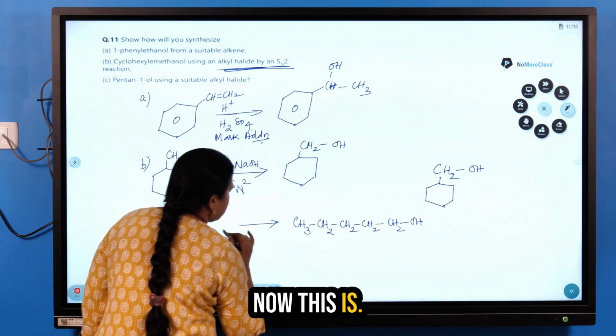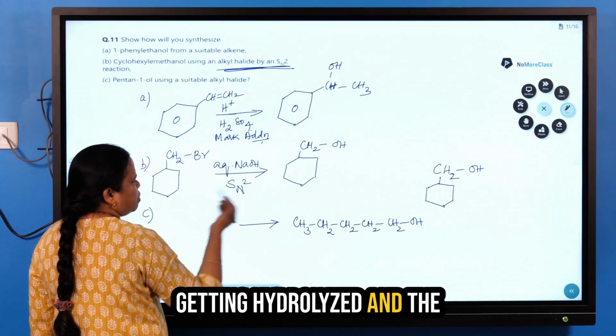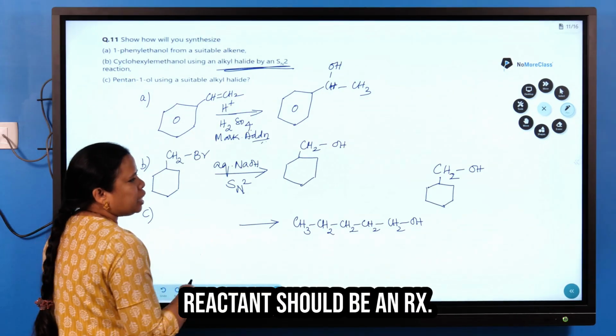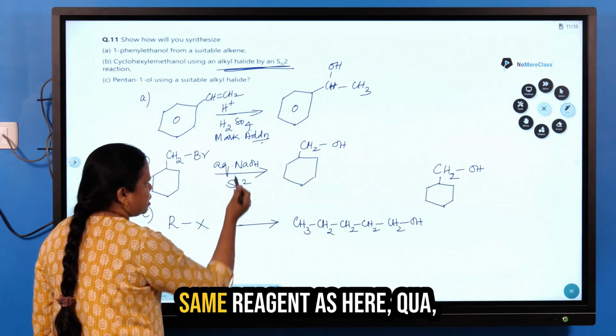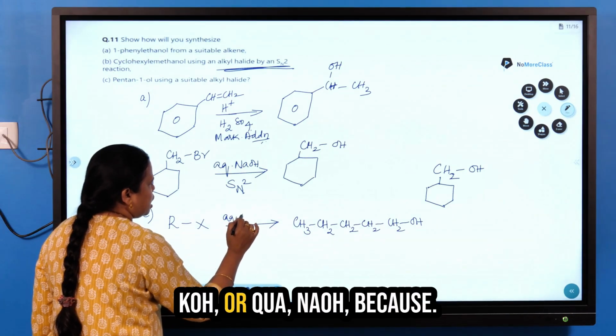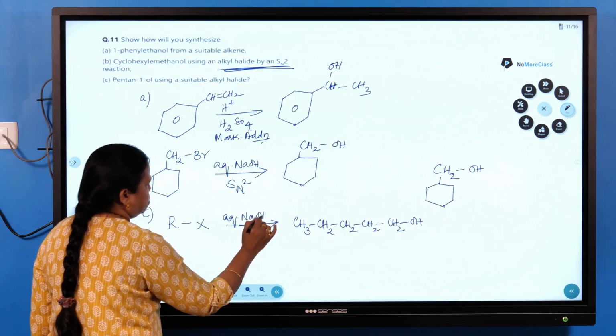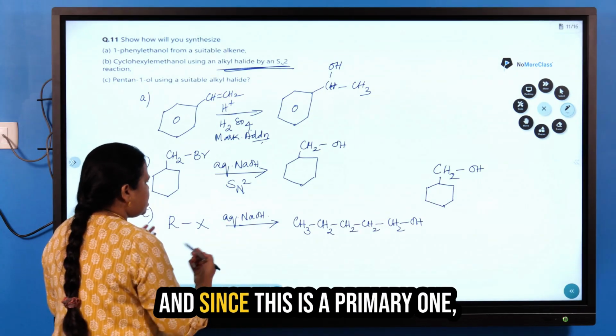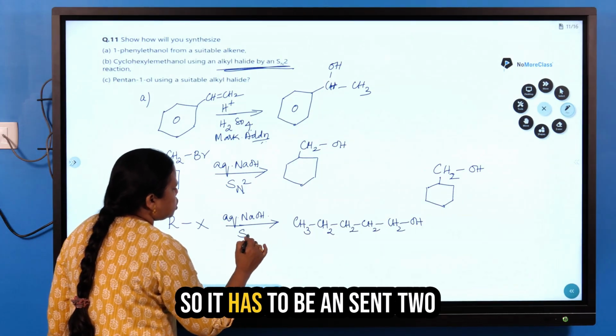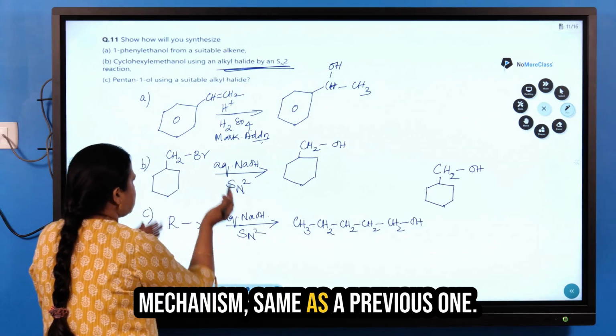Now this is getting hydrolyzed and the reactant should be an alkyl halide, RX. What should be the reagent? The same reagent as here, aqueous KOH or aqueous NaOH, because that is when it will prefer the respective substitution. And since this is a primary one, it has to be an SN2 mechanism, same as the previous one.